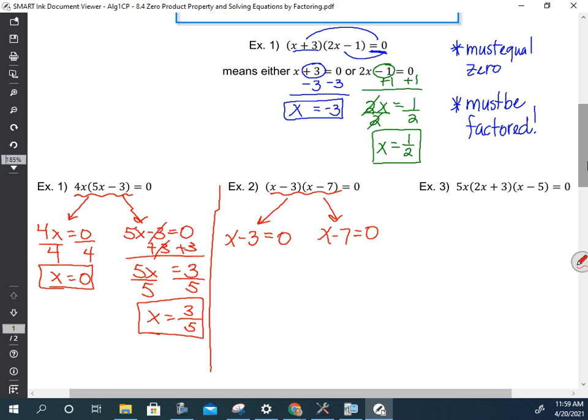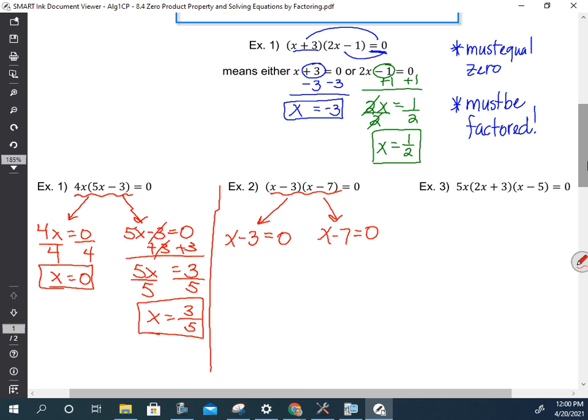So Morgan, how do we solve that first equation? Let's pause for a second. Which one of these is the first equation? Okay. So I want to get x by itself. What do I need to do with that negative 3?